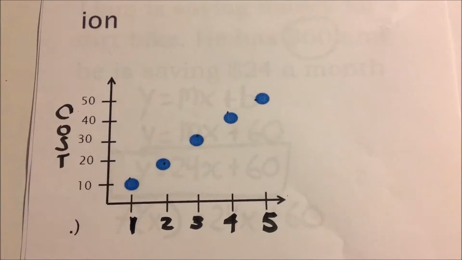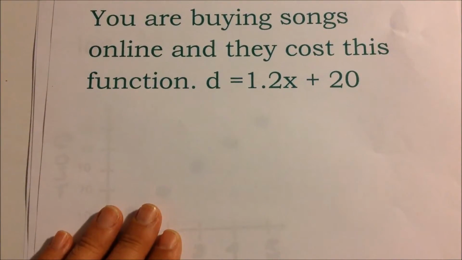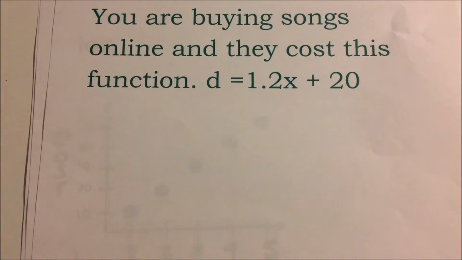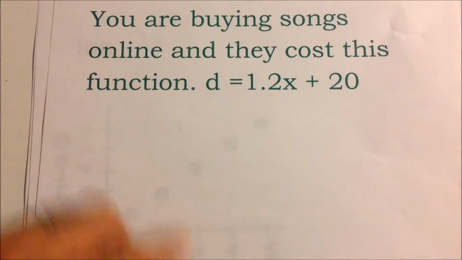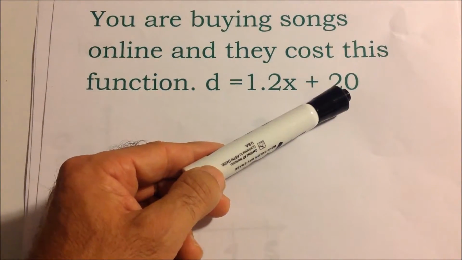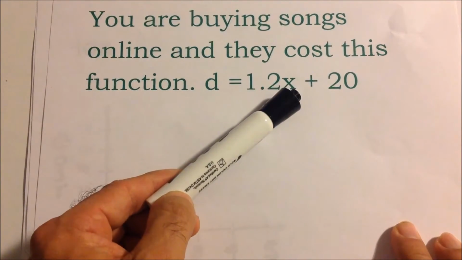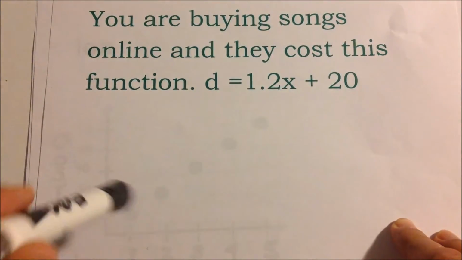Let's do one more. Let's say you're buying songs online, and they cost this function. So it looks like you have to pay $20. Let's say it's a membership fee online, and you're paying $1.20 each song. Are you buying 1.5 songs?